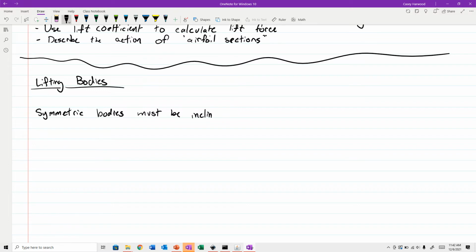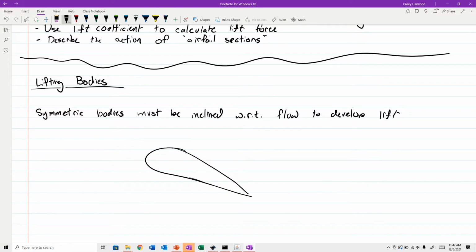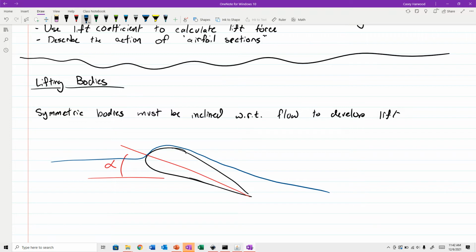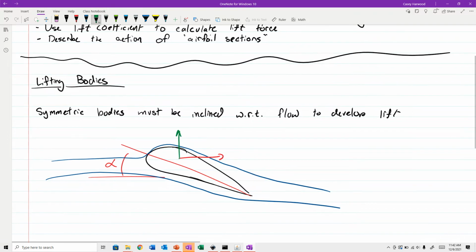It must be inclined with respect to the flow to develop lift, and what that means is our symmetric body has to be angled so that the flow around it will become itself asymmetric and develop a lift and a drag.